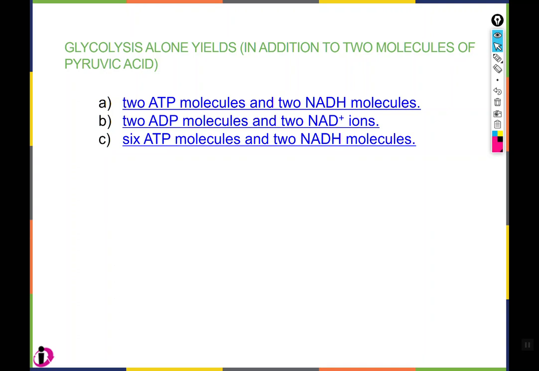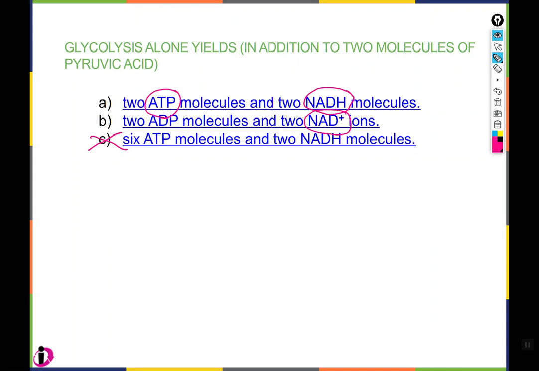So if we go through this piece by piece, I automatically know that it's not B, because if the point is to extract electrons, NAD+ is not reduced, therefore no electrons were extracted whatsoever. 6 ATP molecules seems like a lot for just splitting a sugar, so I'm going to eliminate that. And then A seems like a pretty good bet, so 2 total ATP molecules and 2 reduced electron carrier NADH molecules.